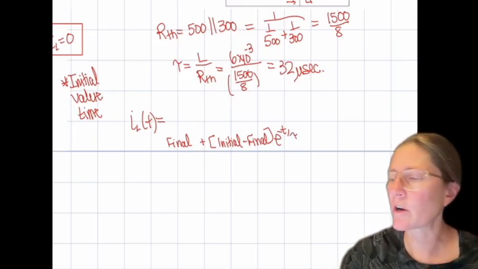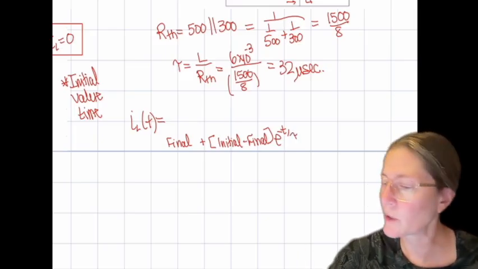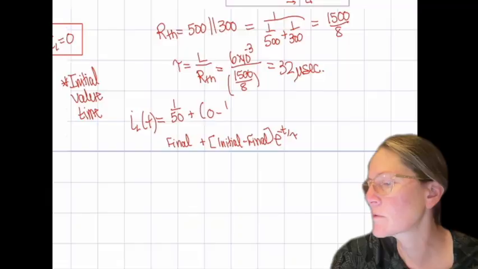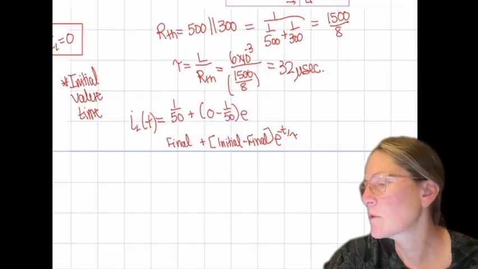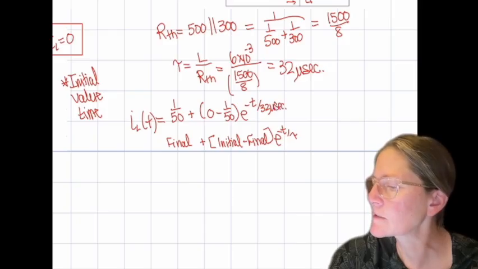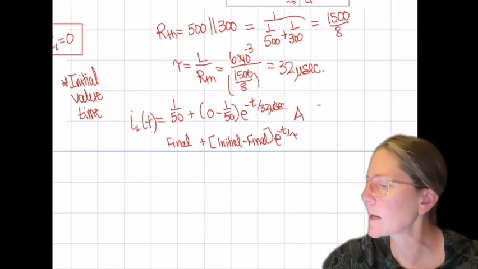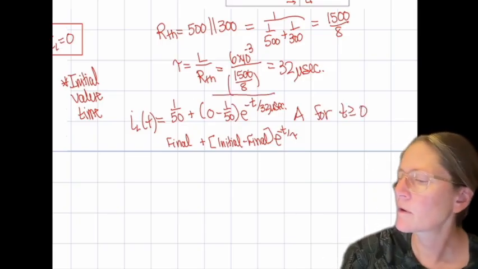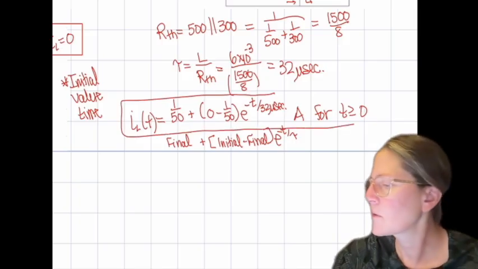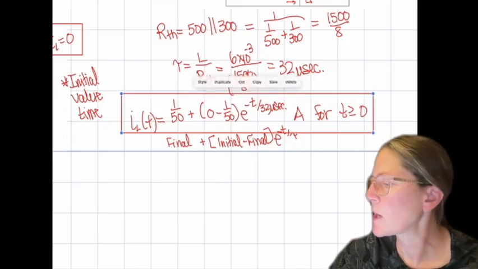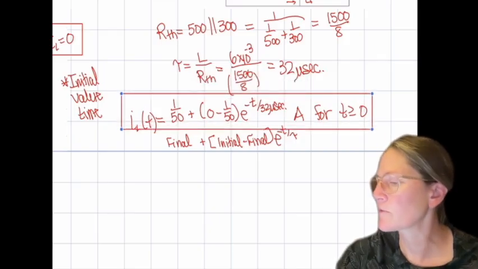And so our final value was 1 over 50. Our initial was 0. And 32 microseconds is tau. And this is in amps, and again for t greater than or equal to 0. And that will be my expression and equation for IL of t.